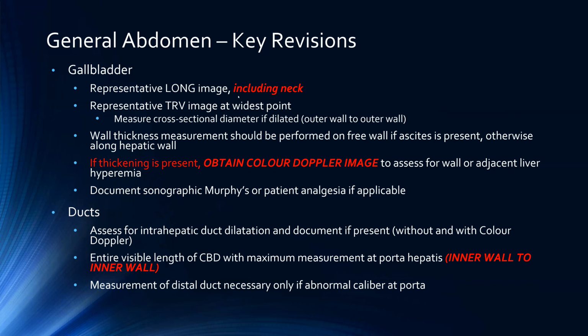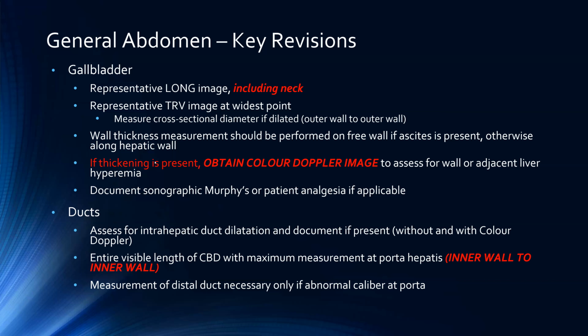Sometimes we do get images of just the body and fundus, which is usually sufficient, but particularly if dilated or if investigating for right upper quadrant pain, it's critical to make sure that we have a good look at the neck, make sure that there's no stone impacted in that region or anything else that might be causing obstruction in that region.